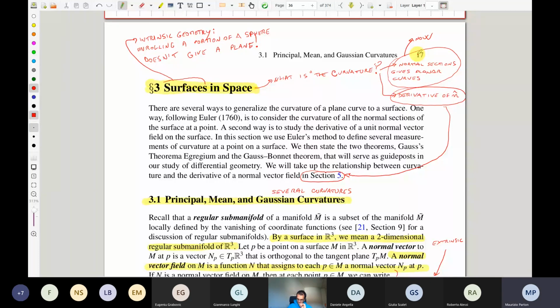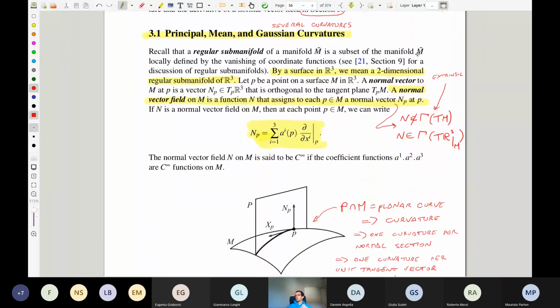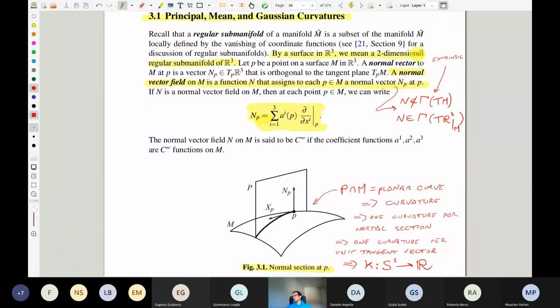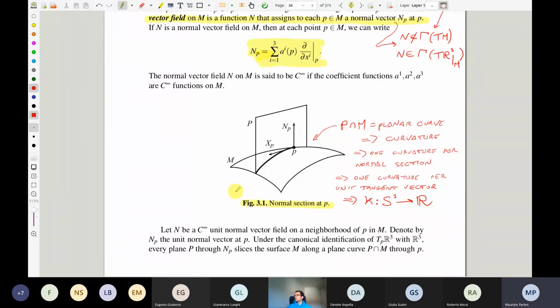Okay, so what I'm saying is this one. Okay, this is the picture. What I'm saying is that I'm here in a point P. I want to measure how much this surface is curved.